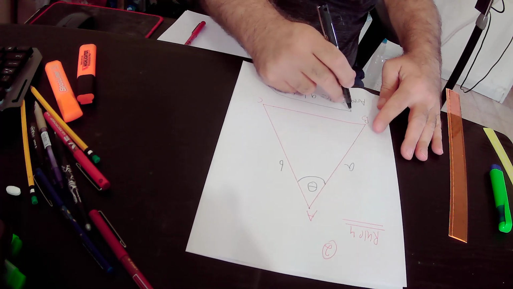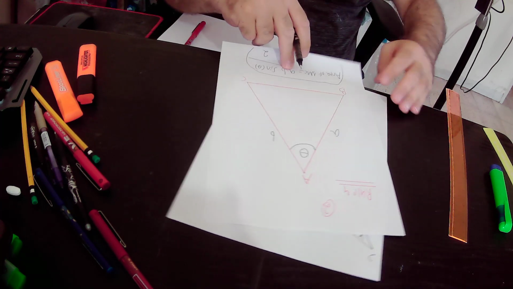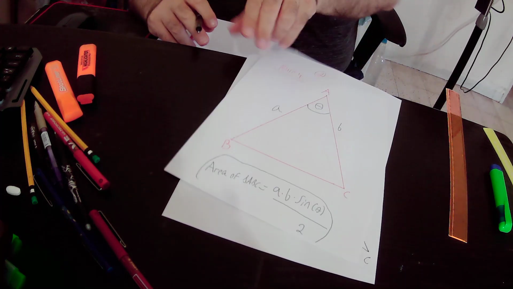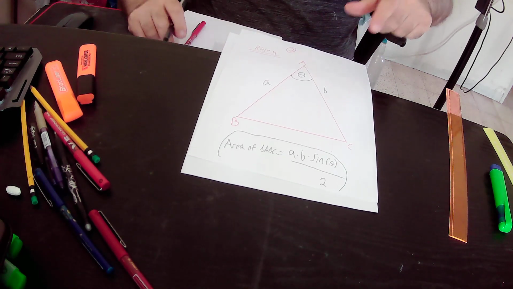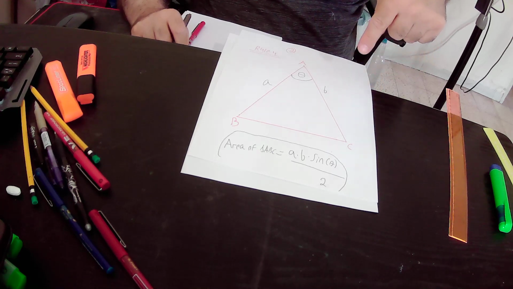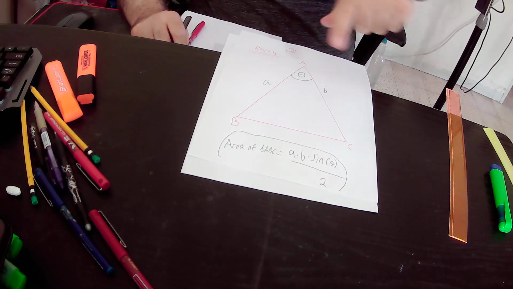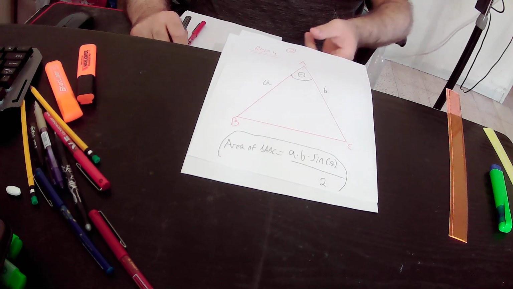We can use it in any triangle to find out the area of the triangle. The new formula for the area of any triangle is the area equals A times B times sine theta, that is the angle between side AB and side AC, over 2.